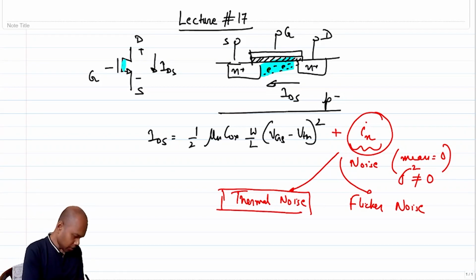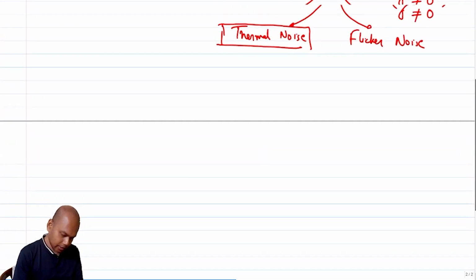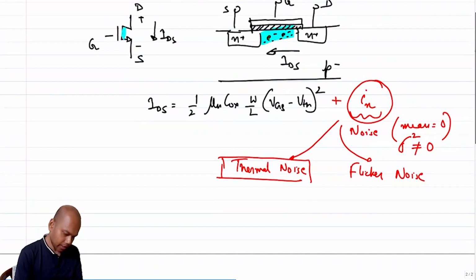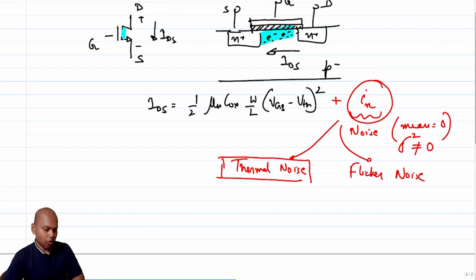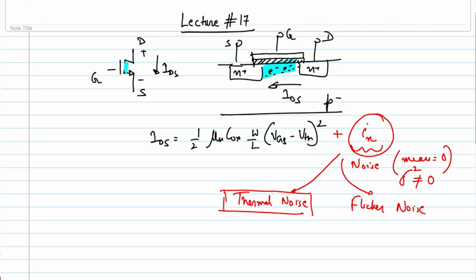Okay, so just like in a resistor, we had a model for this thermal noise, where we could model it as a current source in parallel, or a voltage source in series with a resistance. Similarly, in this case also we can model the noise.